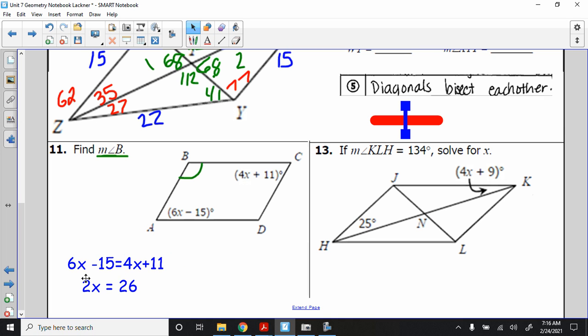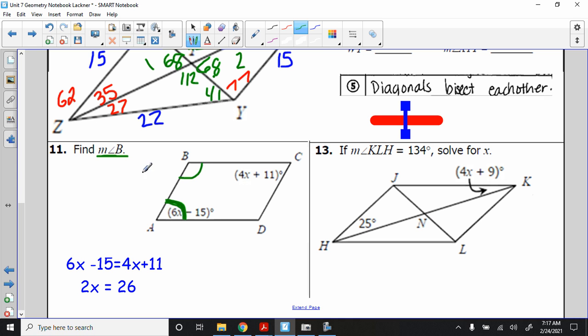Now, we haven't found the answer yet. X is 13. Let's plug it into this angle here or here. 6 times 13 minus 15. This angle right here, angle A, is 63. So now I can find angle B because these are consecutive and they add up to 180.